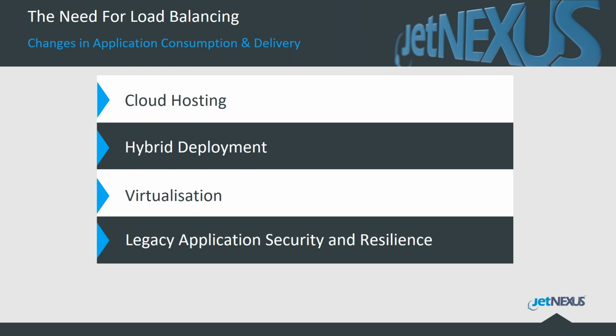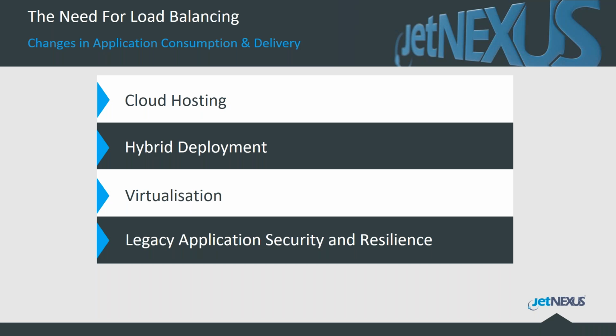Another point that I'd really like to raise regarding load balancing: you may think about some of the main applications, and you may be shifting some of those applications to the cloud, whether that be mail, CRM systems, or whatever it may be. But a lot of organizations are left with legacy applications, and these applications may still be fundamental to the operation of the business.